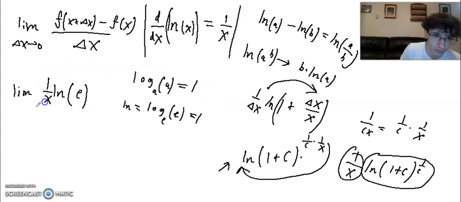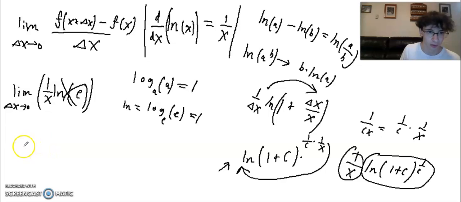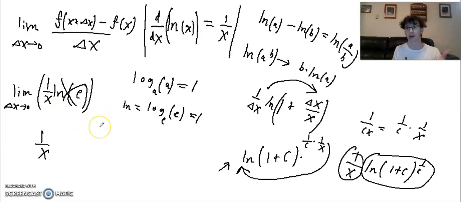So remember, as delta x approaches 0, this just cancels, and we're left with 1 over x. There are no delta x's in here, but if there were, we'd just plug in 0 and evaluate. But we are just left with 1 over x.